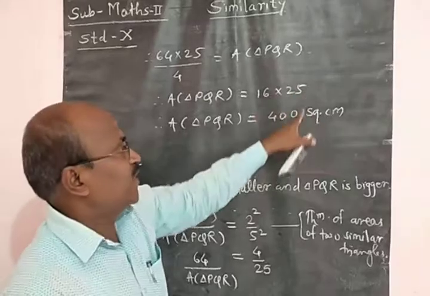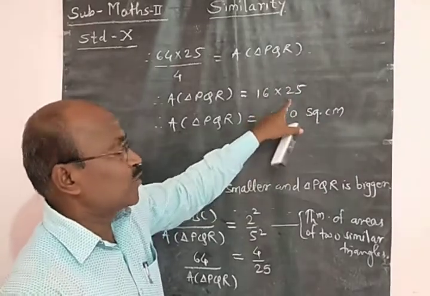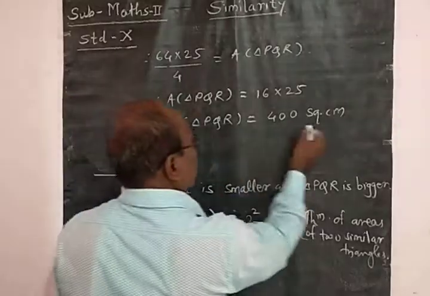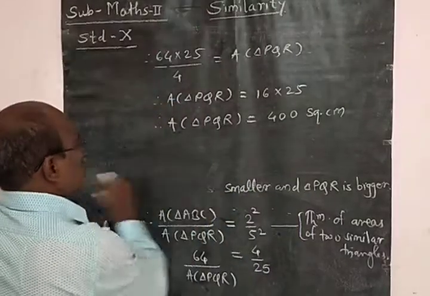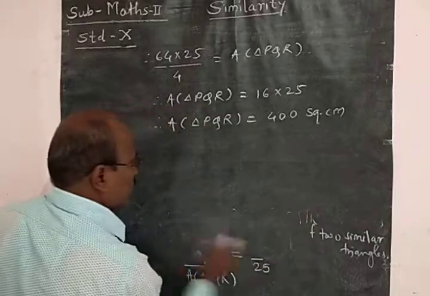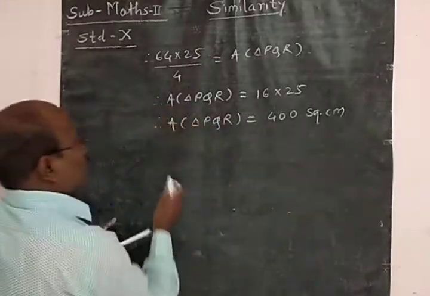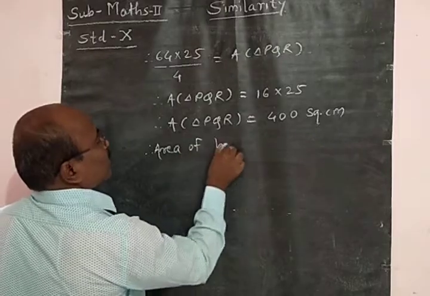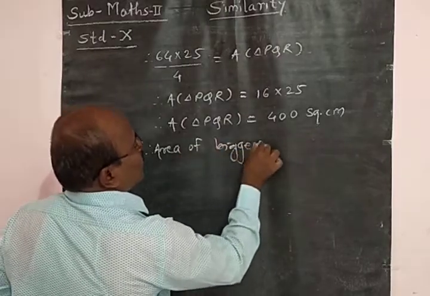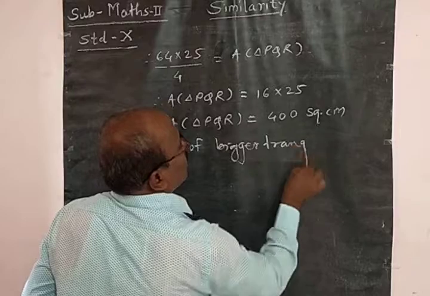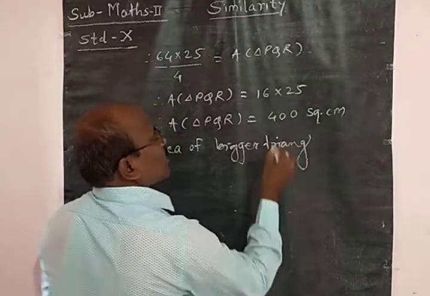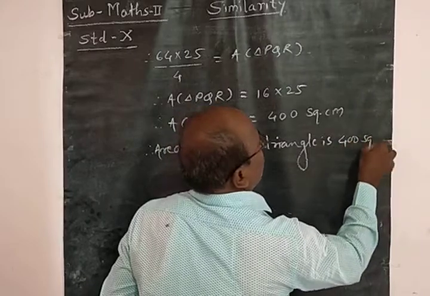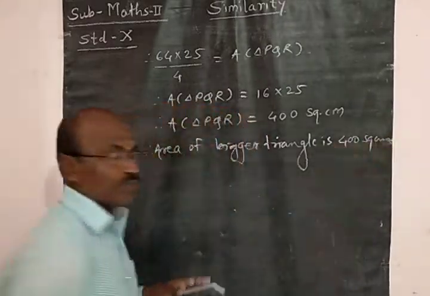Or 16 fives are 80, carry 8, 16 twos are 32 plus 8 is 40. So it is the area of the bigger triangle. Therefore area of bigger triangle is 400 square centimeter. It is the answer.